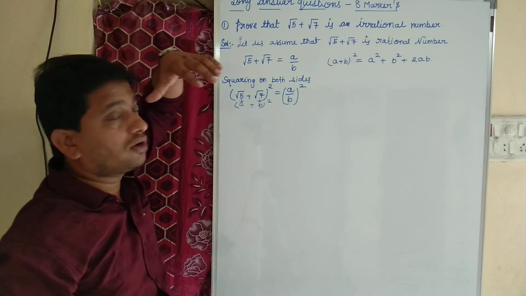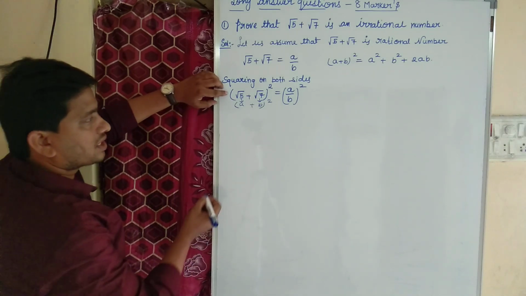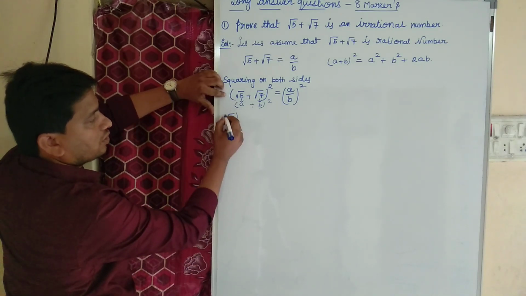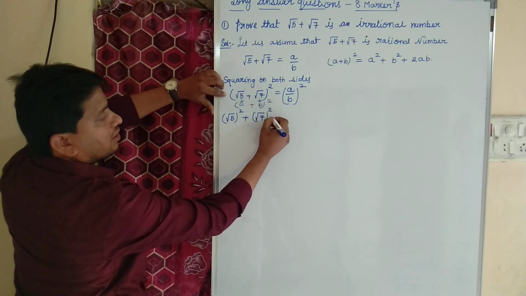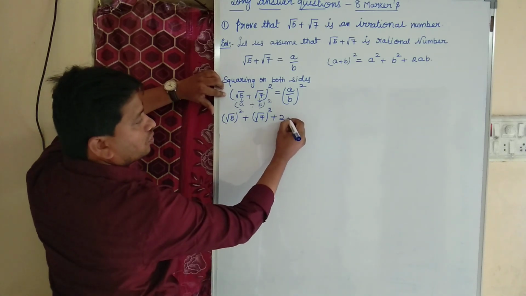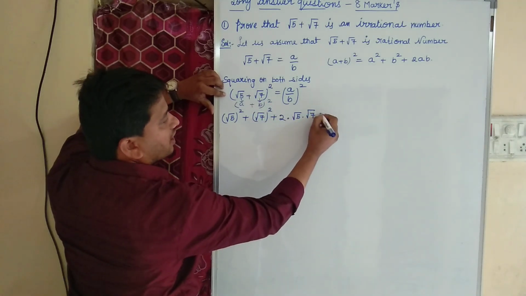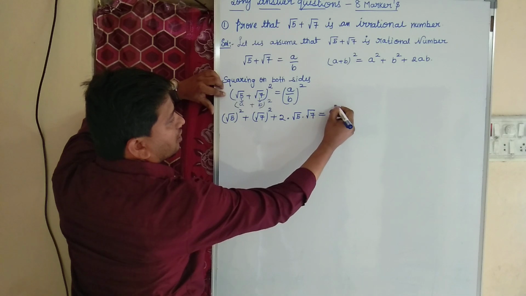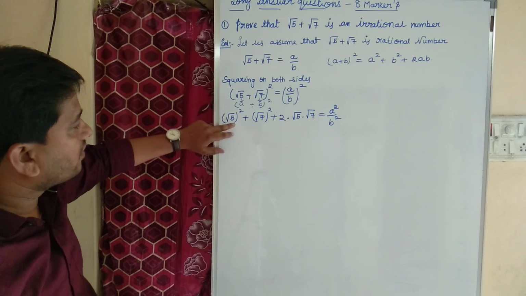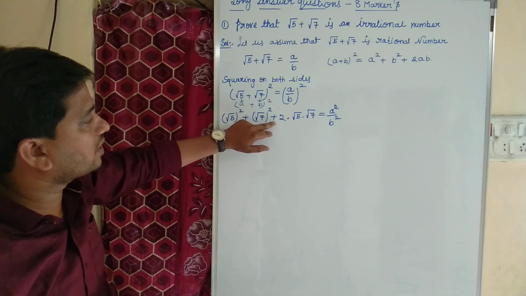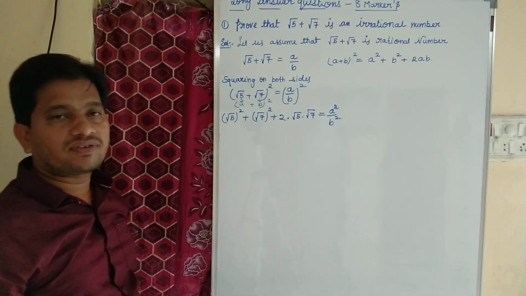Children, what is the formula of (a plus b) whole square? a square plus b square plus 2ab. Here a square in the sense (root 5) whole square, plus b square in the sense (root 7) whole square, plus 2 into a, root 5, into b, root 7, equals a square by b square.